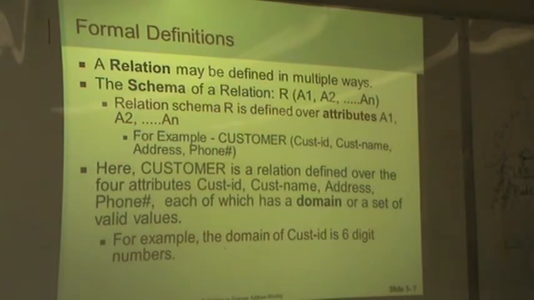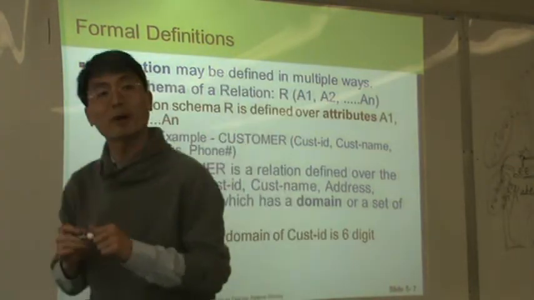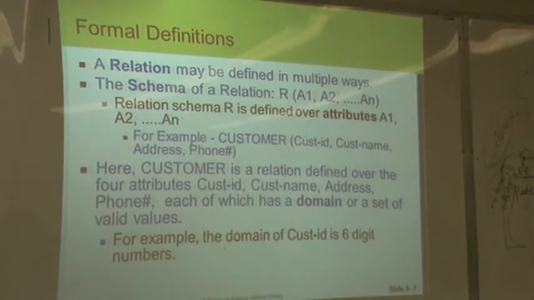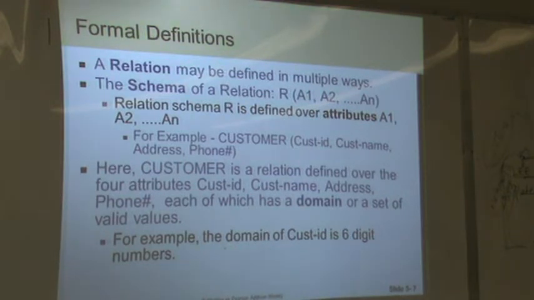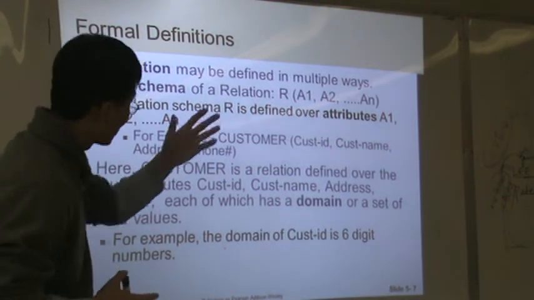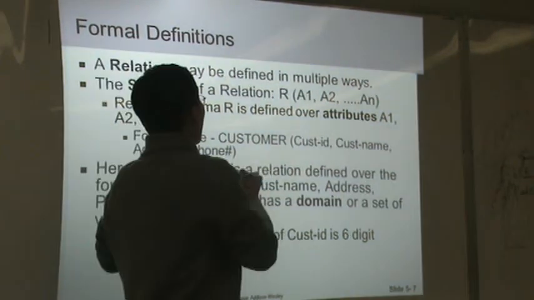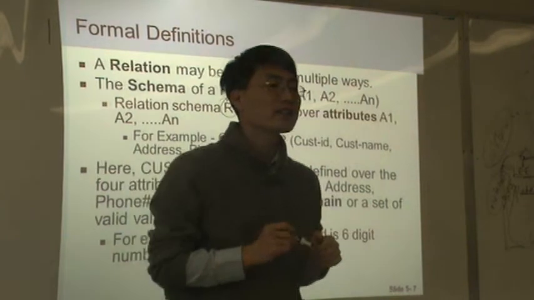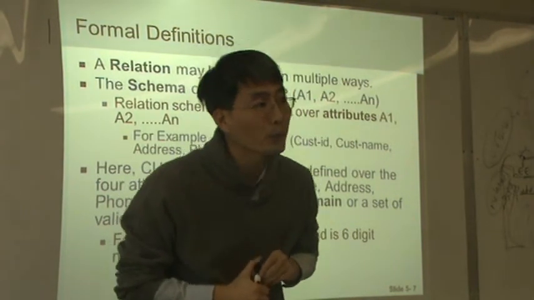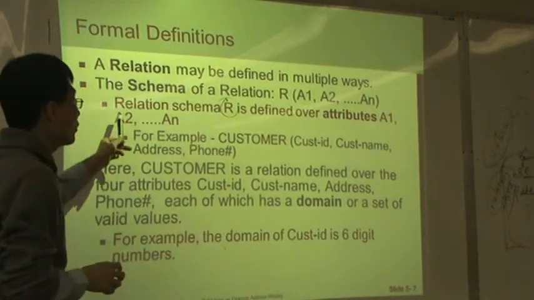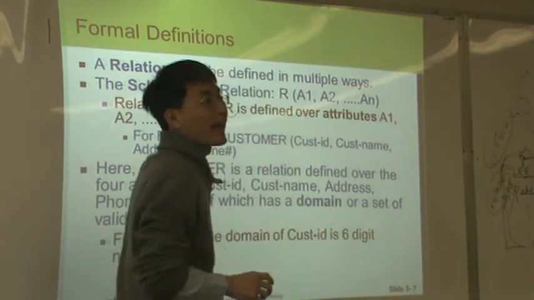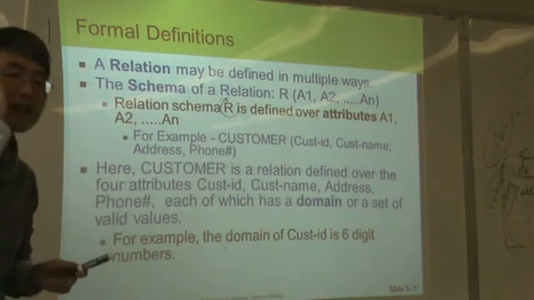So we'd like to use such mathematical terms to define the relational model. As I said, Dr. E.F. Codd employed the idea of what? Set theory in math to define the relational model. So a relation R is defined as a group of attributes A1 through An, where n is a limited number.